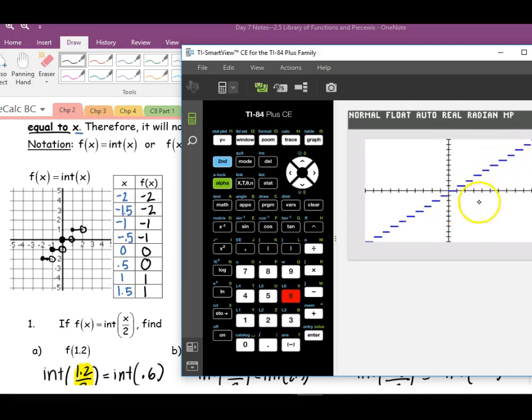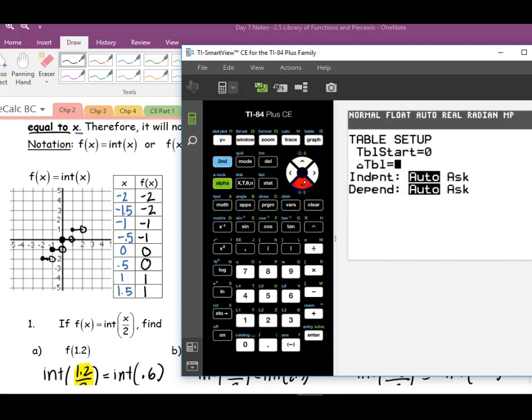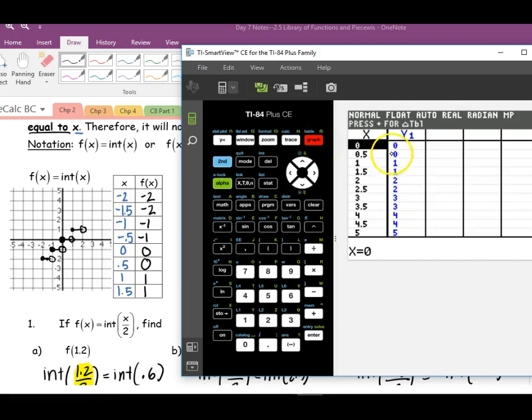So there you go. So there's your step function. It doesn't show the open and close dot, but if you go to your table, here, because I'm jumping by ones, it doesn't really look like much, but if you change your table set to jumping by 0.5s, you'll get the same thing that we had in our table. Okay?